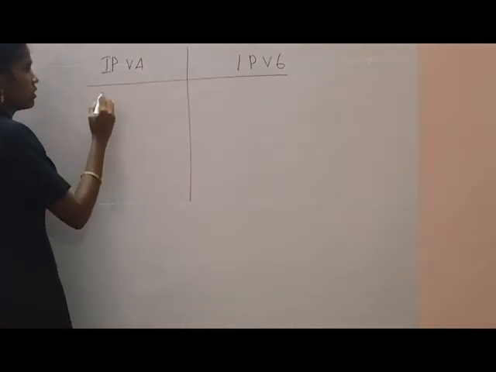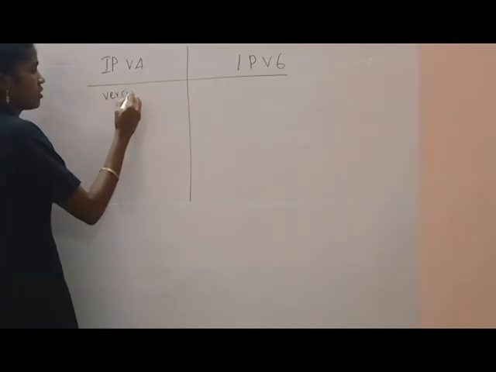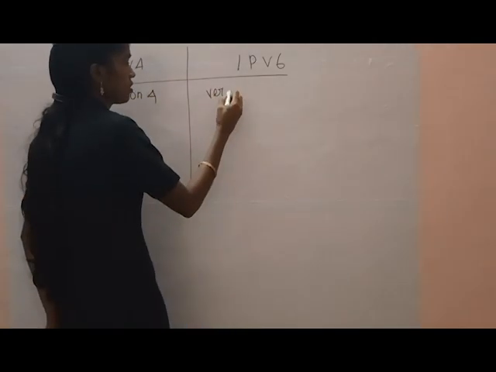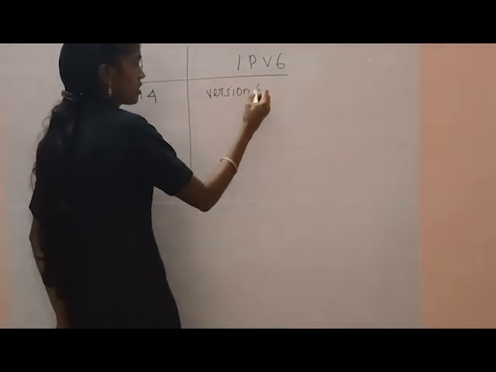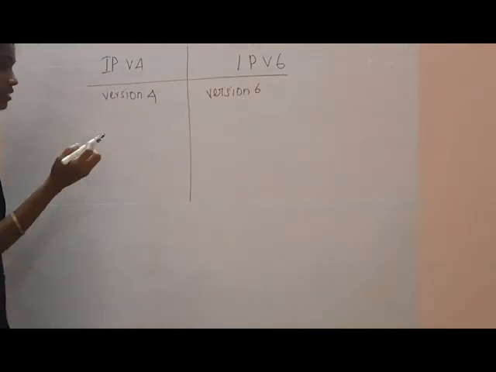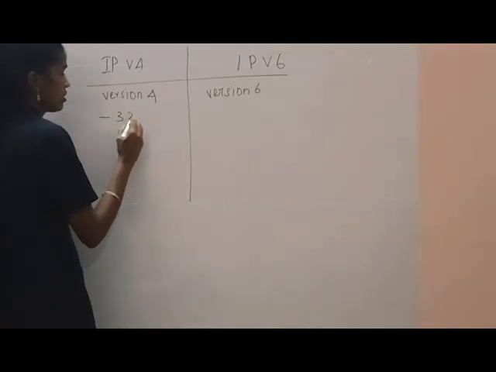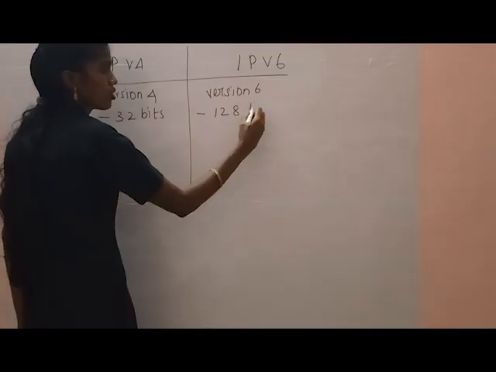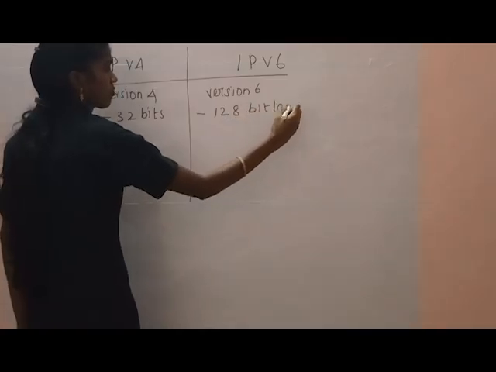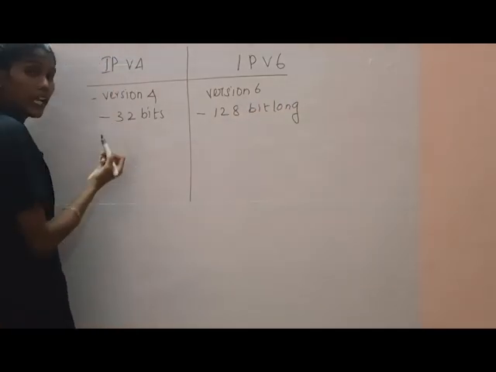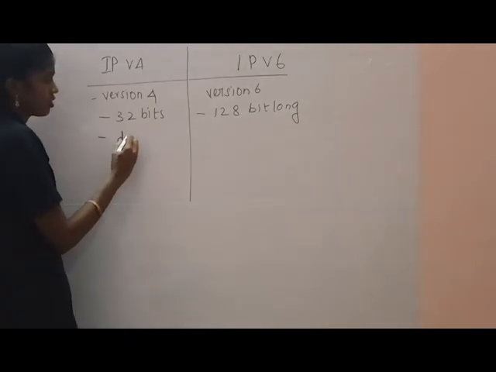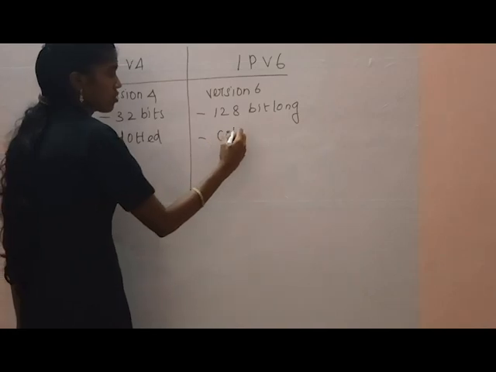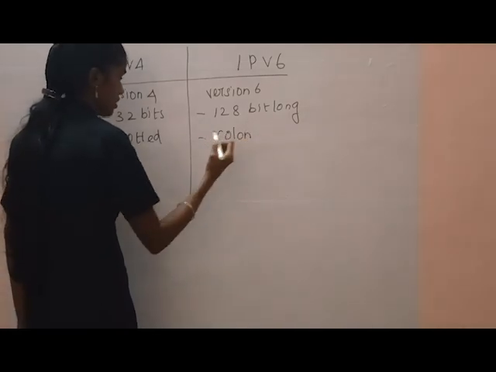So simply, this is version 4, this is version 6. Then as I told, this is 32 bits long, this is 128 bits long, and this follows dotted representation, and this follows colon representation.